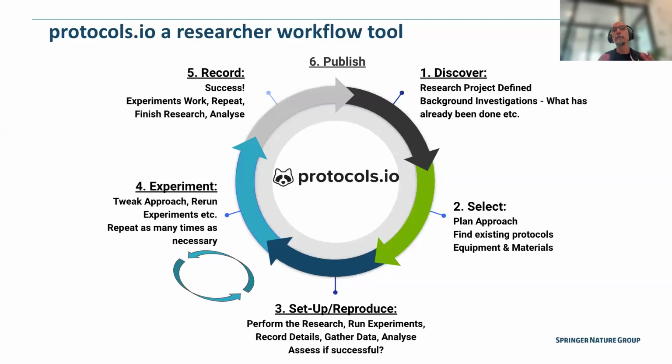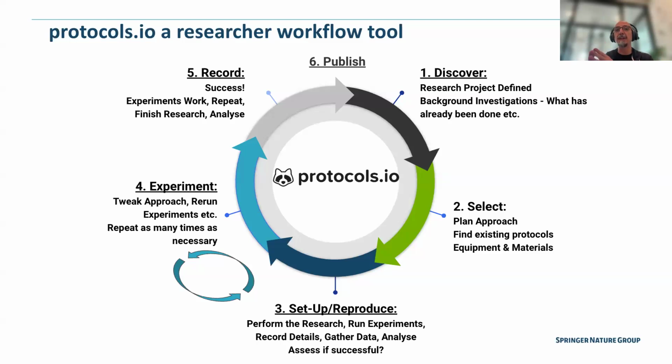Now, although protocols.io was created with the goal of giving researchers a tool to share their detailed research methods, the platform has also been optimized for the collaborative development of these research methods. With the protocols.io platform, you can discover and select existing public protocols, create and privately store run records of those protocols.